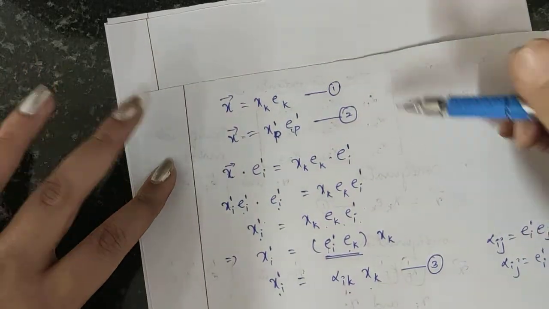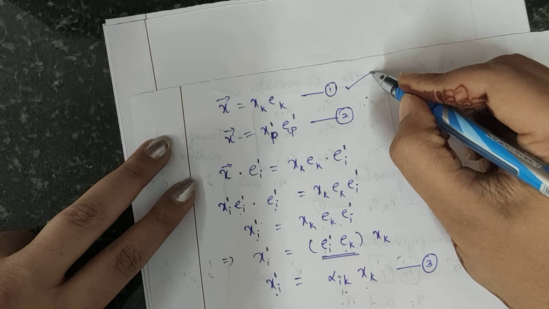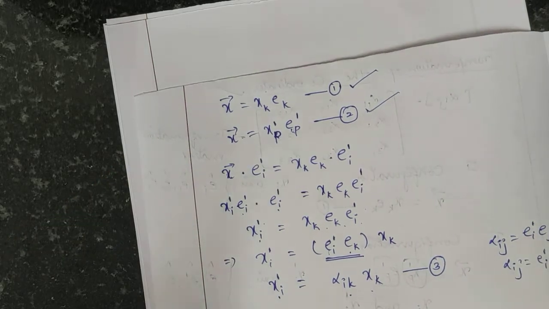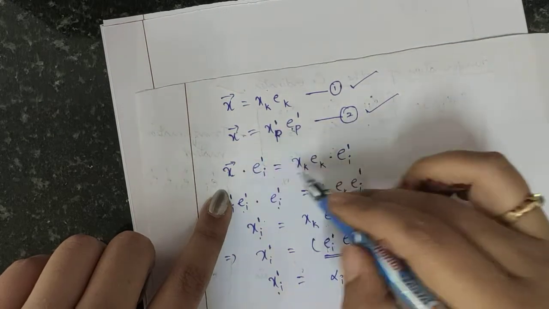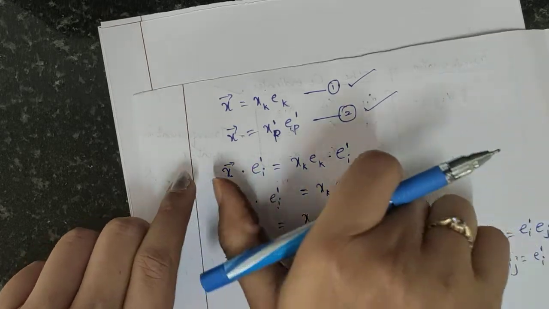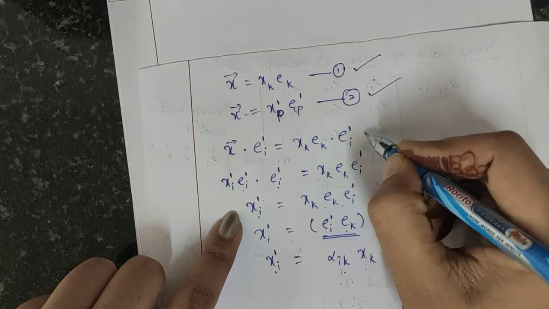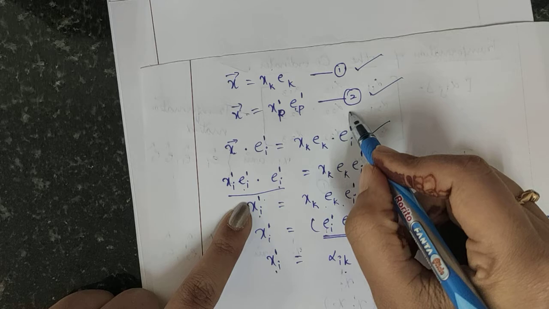I will repeat this once again. This is from the first configuration, and this is from the second configuration, that is with respect to the xi and xi prime axes respectively. Here what I have done is I have just taken the dot product with ei prime on both sides of equation number 1. Now this equation becomes this form using equation number 2.